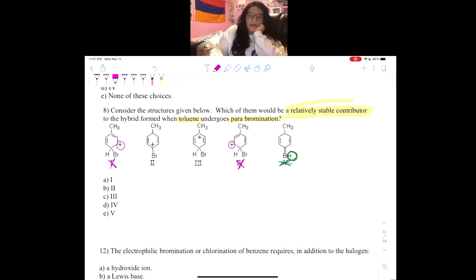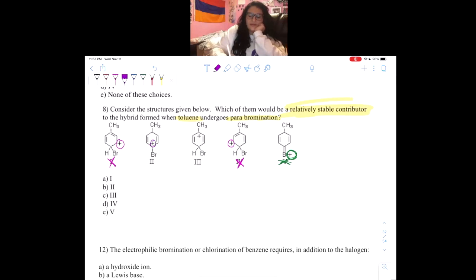Now, we have one plus charge that is on the carbon where the bromine is attached, and the other one is on the carbon where the methyl group is attached. And so now if we just use our basic knowledge of carbocations, we can tell that the more stable carbocation will be on the more substituted position.